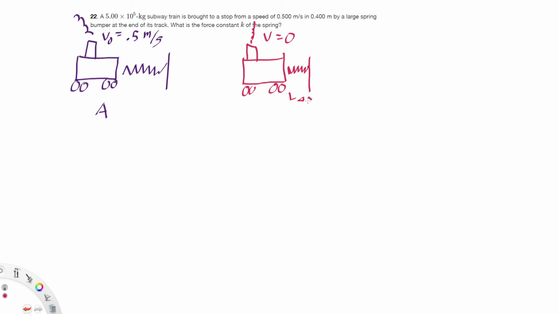And the squish on this spring is 40 centimeters. And we'll go ahead and say that to the right is the positive direction.